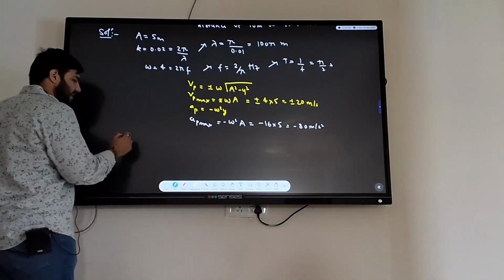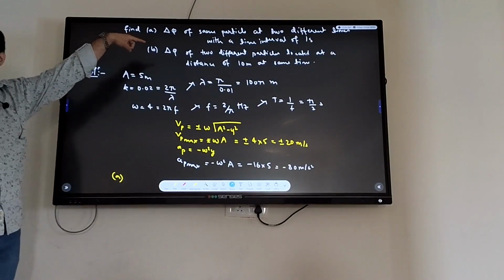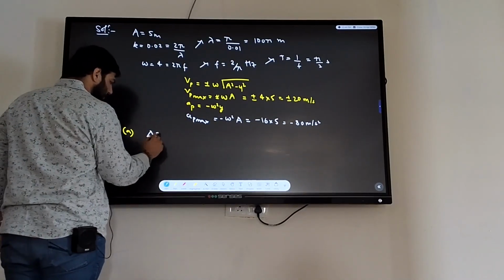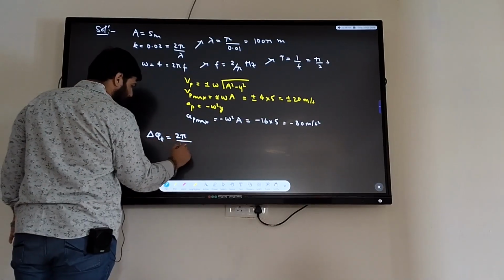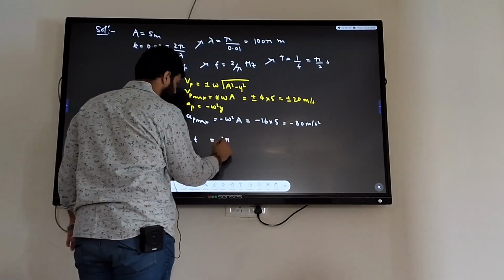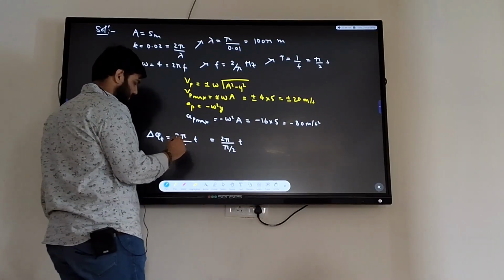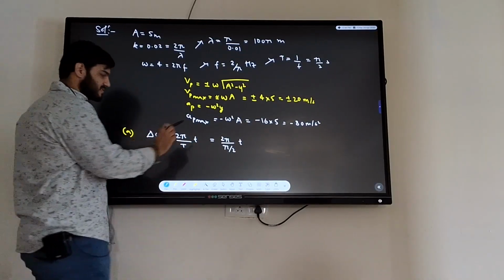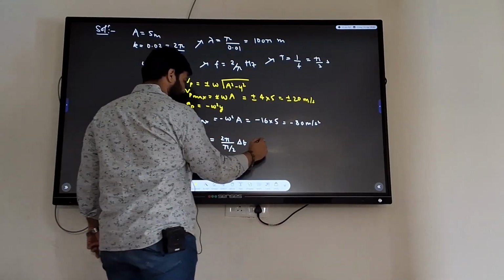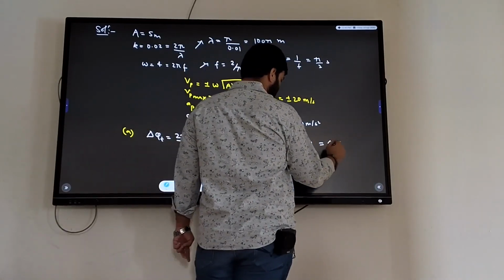तो मुझे A पार्ट निकालना है. अच्छा, which phase difference they are talking about? They are talking about temporal phase difference, huh? What was the formula of temporal phase difference? That's 2 pi by capital T into small t, but what is capital T? सर, that is delta phi t. हाँ. 4 delta t, I think delta t is given to be 1 second, so this is going to be 4 radians.